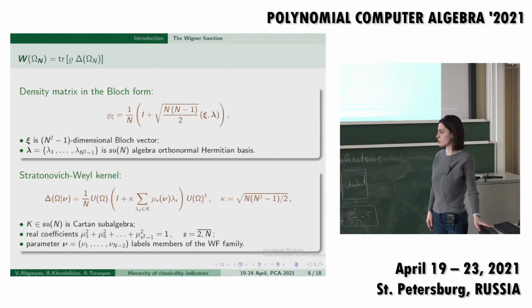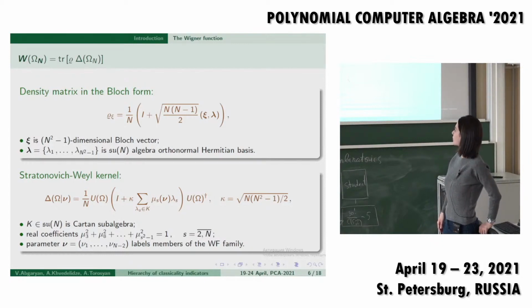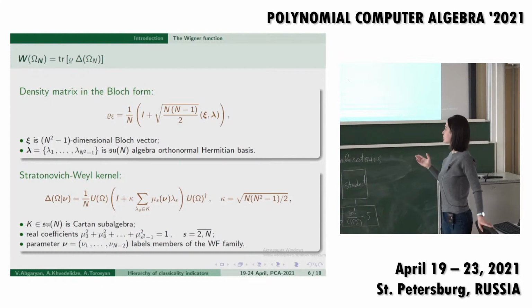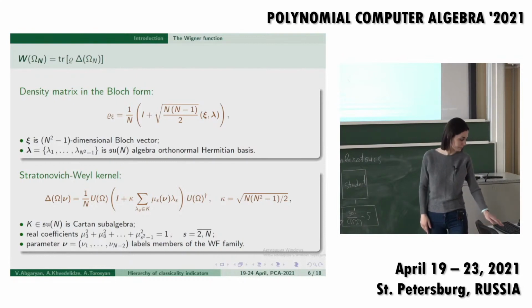Lambdas are SUN algebra generators, and the Stratonovich-Weyl kernel is also presented in this form, where the summation is over the Cartan subalgebra elements lambdas, and real coefficients mu live on a one-dimensional sphere, and parameters nu label the members of the Wigner function family.